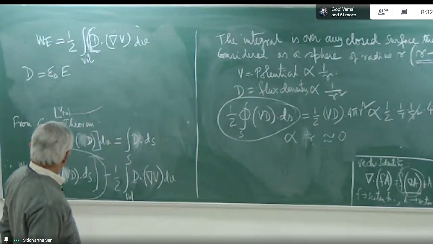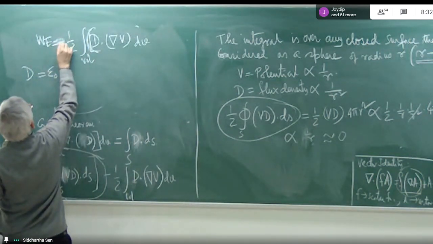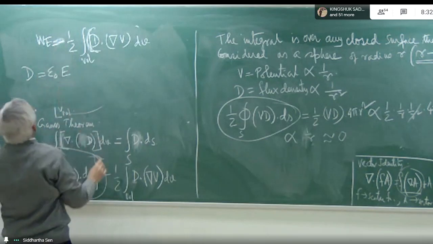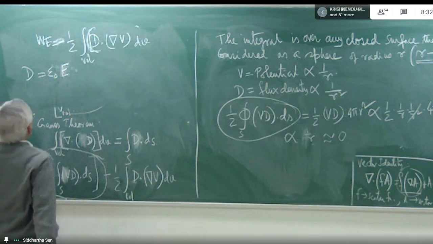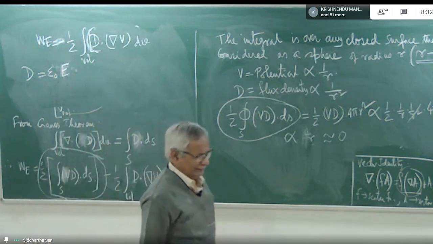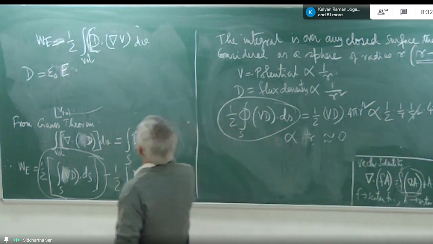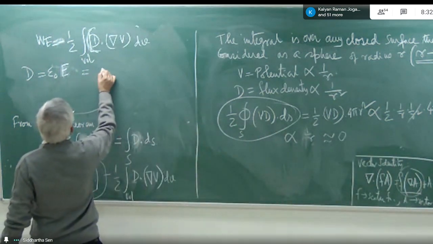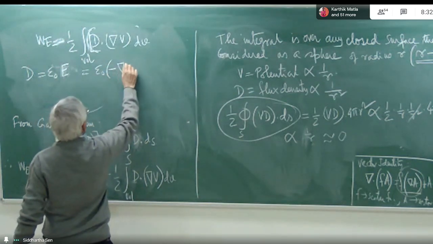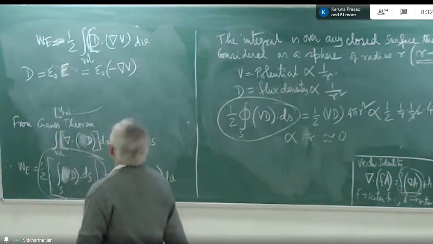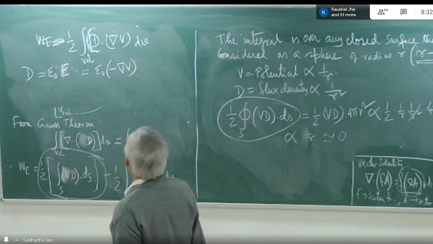Before the half. There would be a minus sign. Thank you. Yeah. So D is equal to epsilon 0 into E. This we know. And I can also say this is equal to epsilon 0 into E, and what is E? It is minus of nabla V.